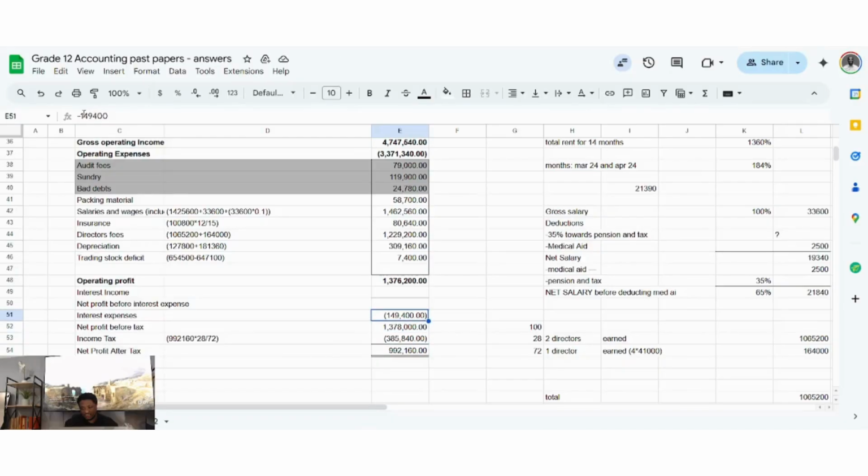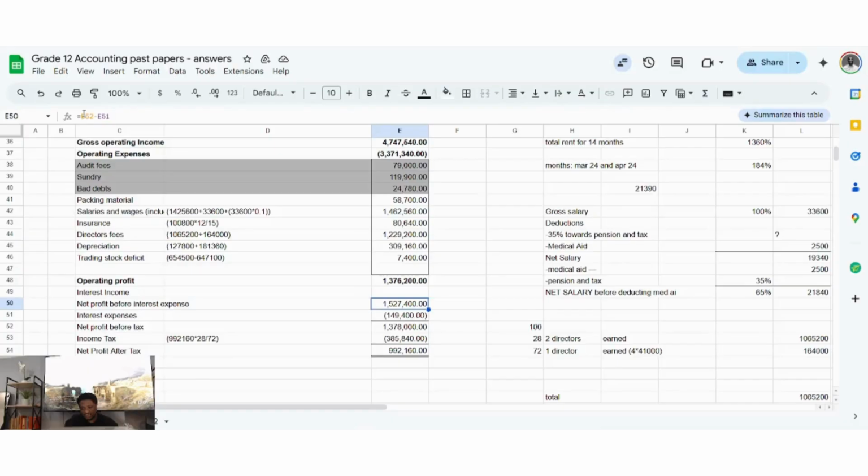And then our net profit before interest expense, again, is the situation where we can take the 1,378,000 and add 149,400, and that gives us 1,527,400.